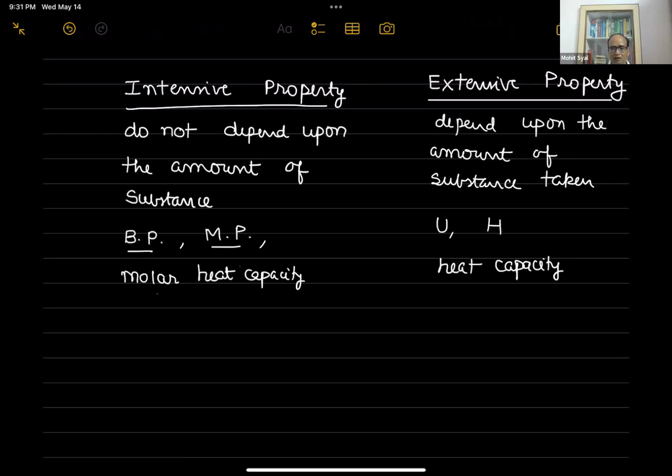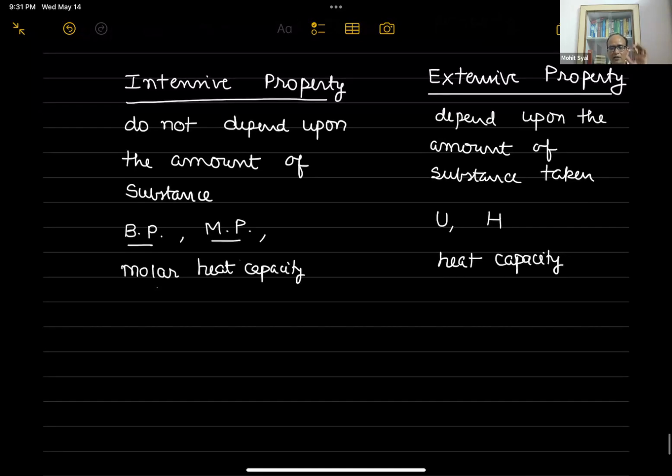Heat capacity is the total amount of heat which needs to be given to a body to raise the temperature by 1 degree. So that will depend upon the mass of the body. Suppose there is a small ant and you are giving heat to that body to increase the temperature by 1 degree, that is going to be less.